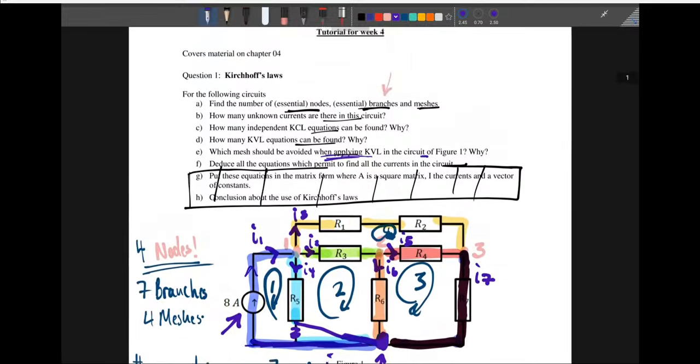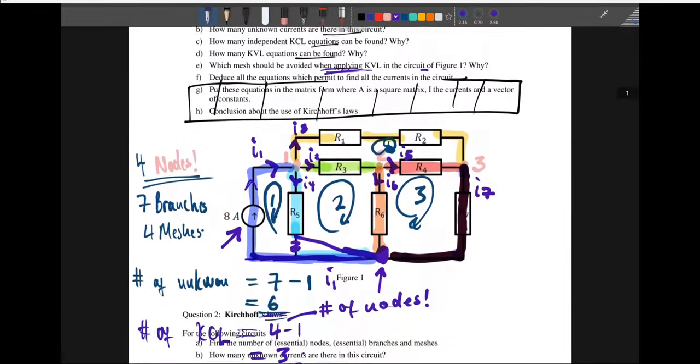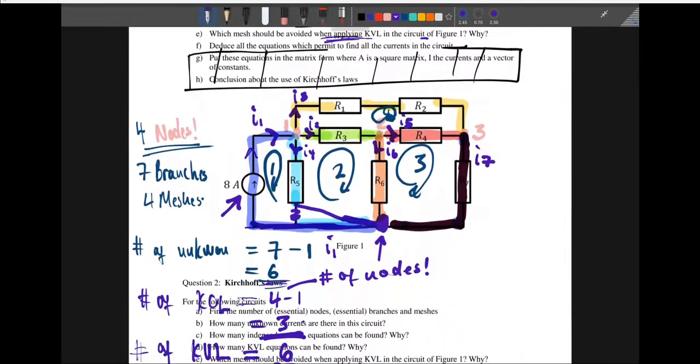So anyway, how many unknown currents did we have? We say it's 6. We should also say 7, the same as the number of branches.